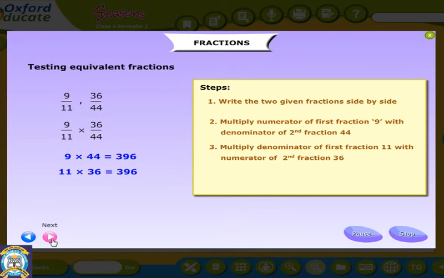Multiply denominator of first fraction, 11, with numerator of second fraction, 36. Step 4. On comparing the results, we see 9 into 44 is equal to 11 into 36, which is equal to 396. Therefore, 9/11 and 36/44 are equivalent fractions.